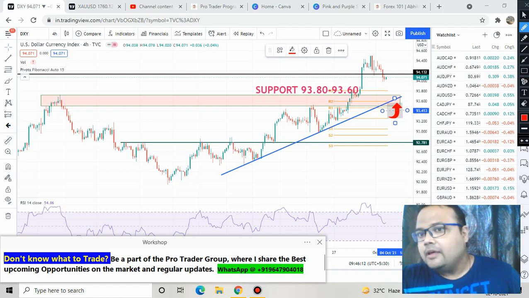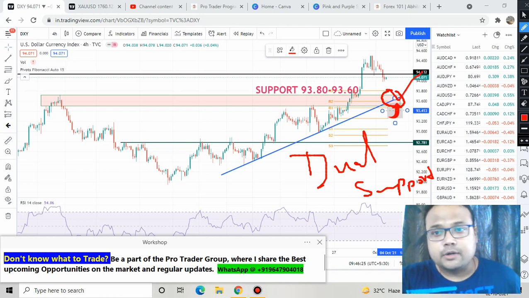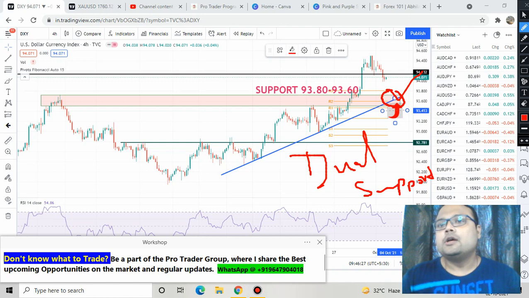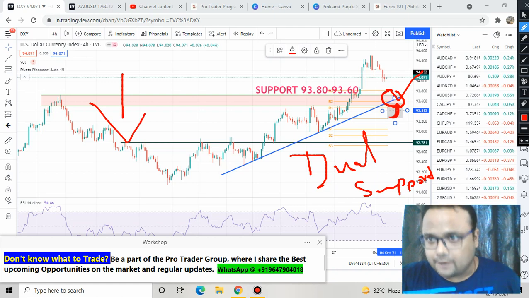So if the US dollar comes down to this particular level here, then it will get a dual support, and there is a good possibility of the dollar bouncing from this particular level, because it has got dual support. If the dollar bounces from this dual support zone, then definitely you will see gold going down.